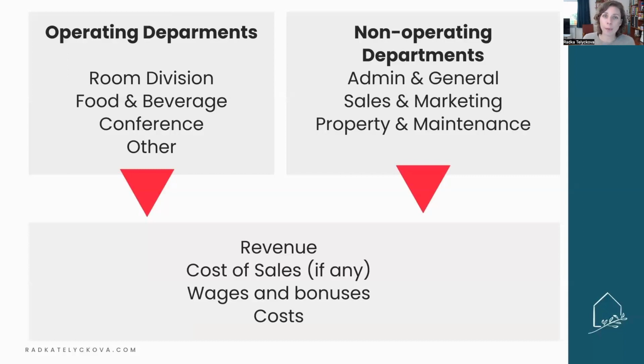Because you may end up giving a restaurant to a third party, giving your spa to a third party. There are a lot of things you need to understand, and therefore revenue and associated cost need to always be on a departmental level.